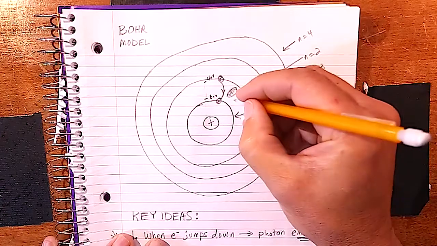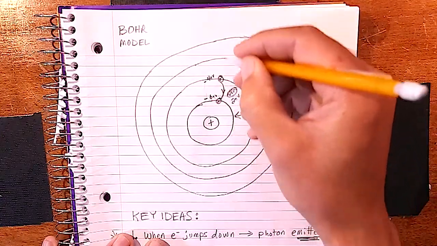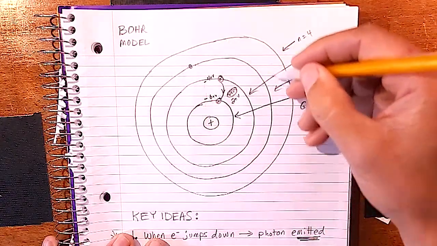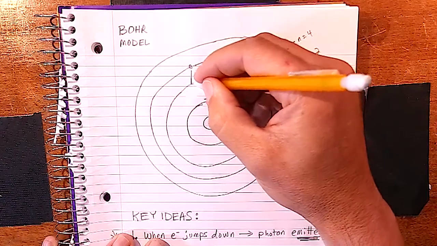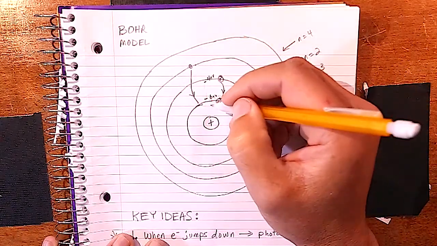So this photon will have an energy of 2 electron volts. Now, it could jump from a higher level. It could jump from n equals 3 to n equals 1, and that would emit a photon of higher energy.